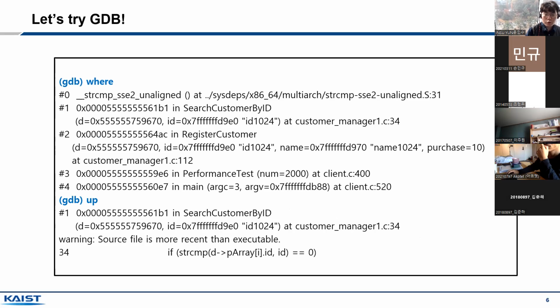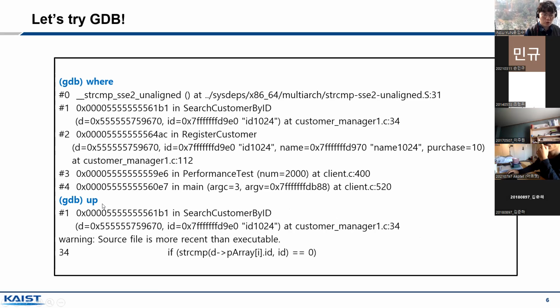To debug this one, you can check the call stack. If you check the call stack, you can see this string compare is called by search customer by ID, and this one is called by register customer, and this is called from your customer manager and the clients.